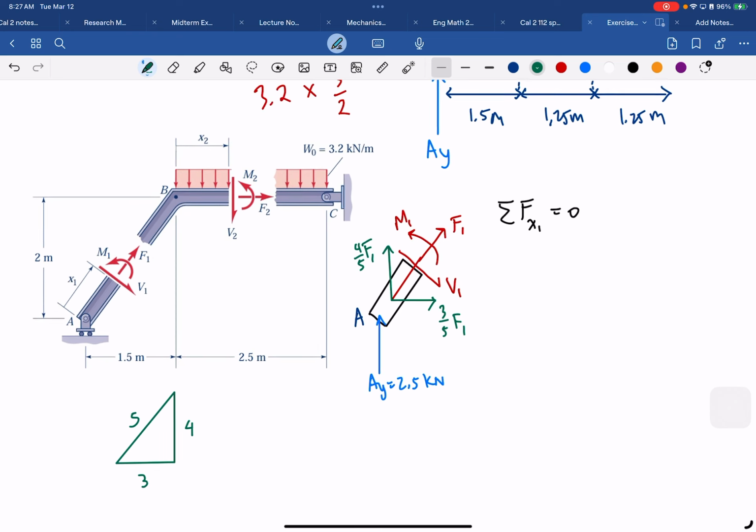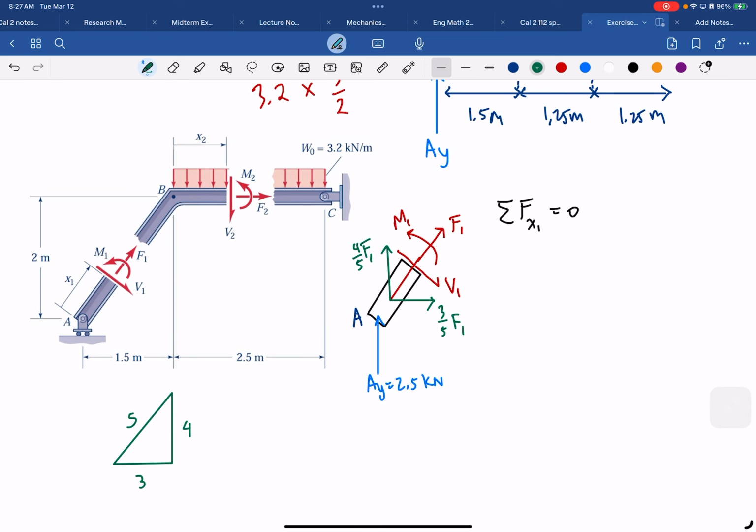Okay, so maybe start from the easiest one, the y first. It's 3, 4, 5.